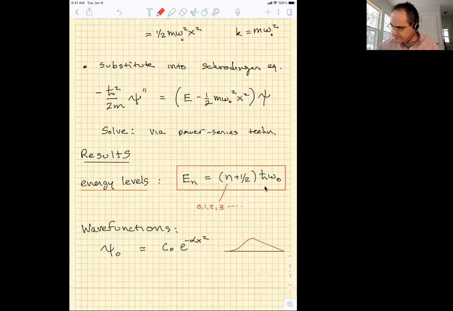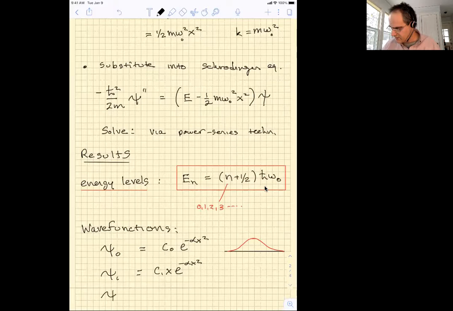Something like that. Okay? Psi 1 is equal to another constant, we'll call it C1, times x e to the minus alpha x squared.